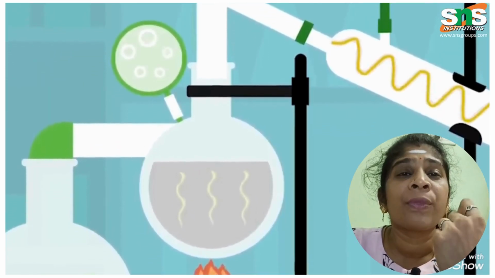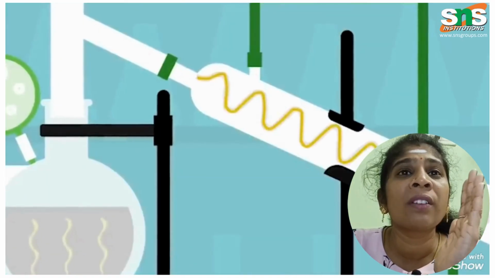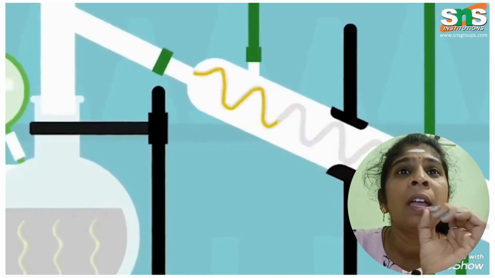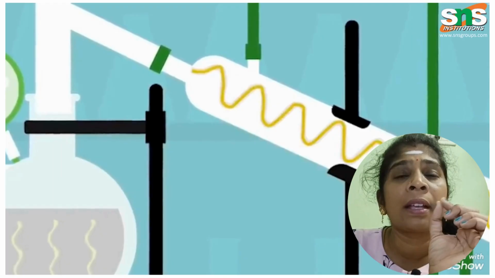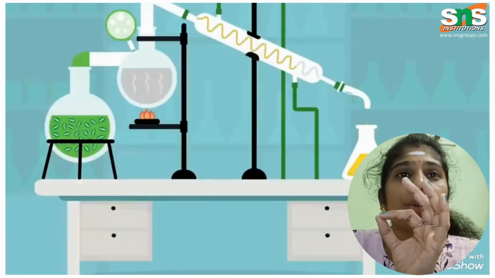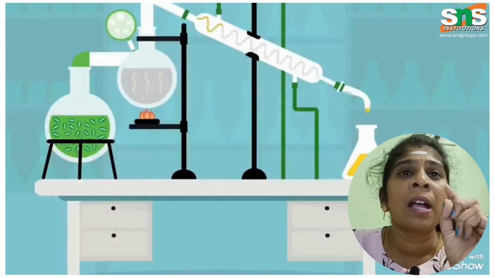In TLC, if the Rf value, that is the retention factor, is found to be between 0.50 and 0.60 in hexane to ethyl acetate in the ratio of 8:2, then it is confirmed as citral.